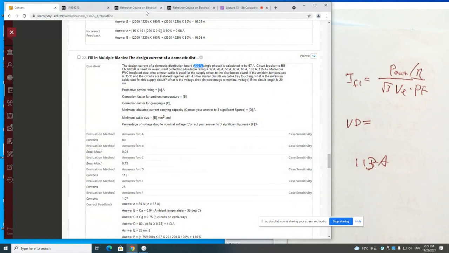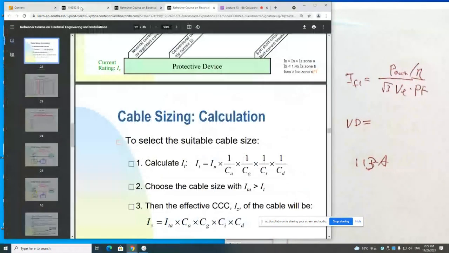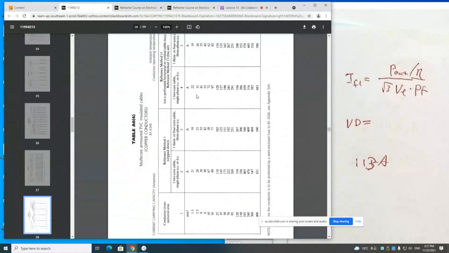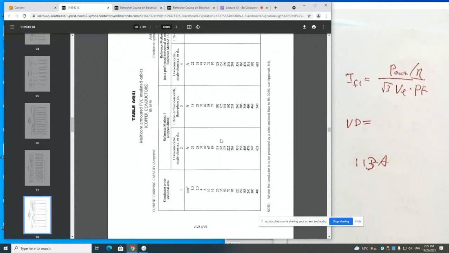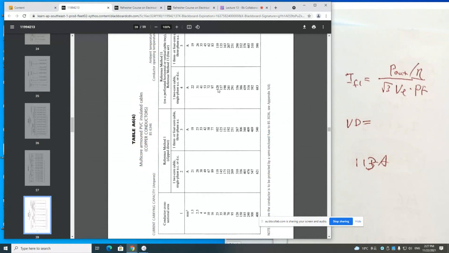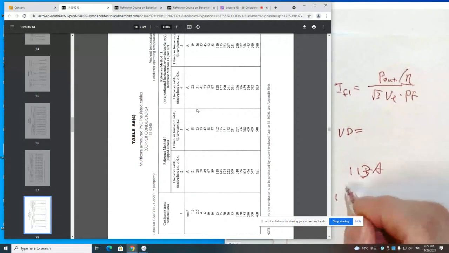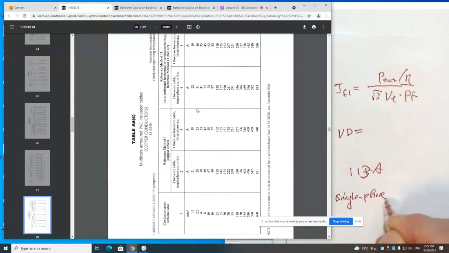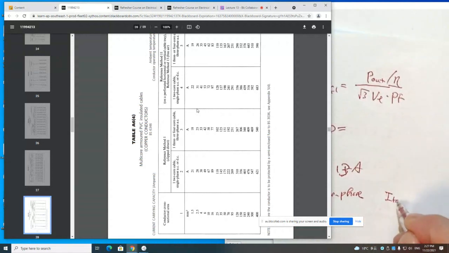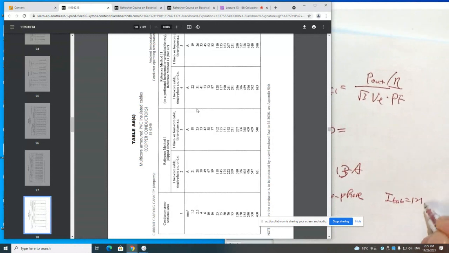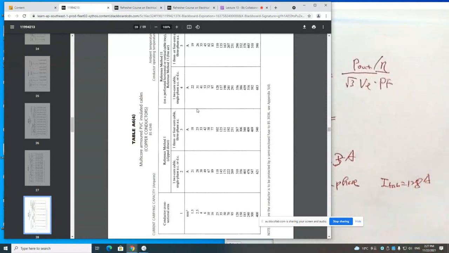So if you use single phase, a two-core cable, single phase 25, the current rating table value is 128.